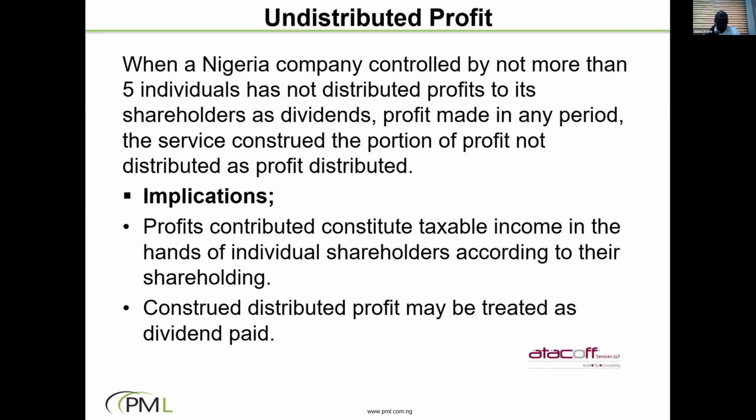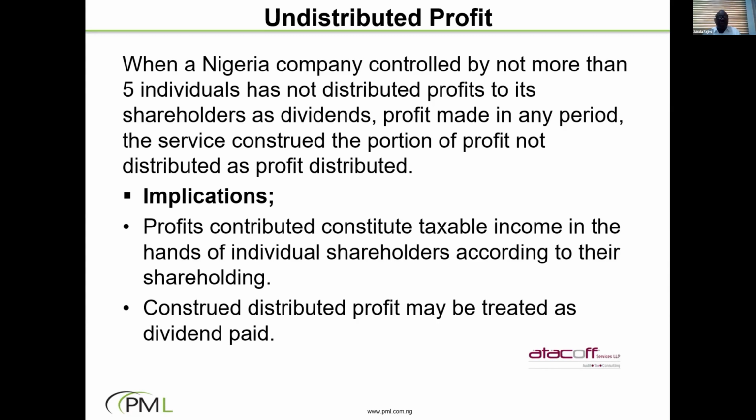This law is about to change that now, because it is saying that if your shareholders are not more than 5, they are just 5 individuals that control this entity, they can decide that the profits that you have not distributed, since you refuse to distribute the profit as dividend, so that they will not tax you based on dividend, that the profit you have not distributed becomes the taxable income.